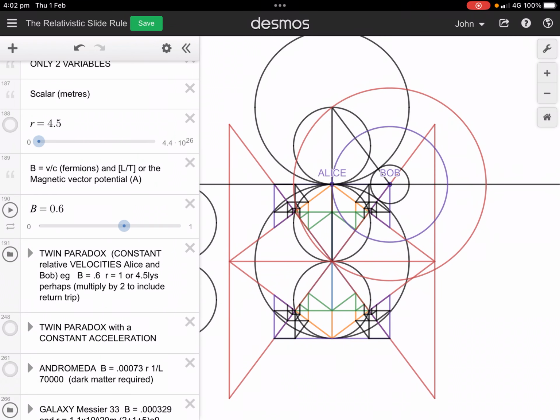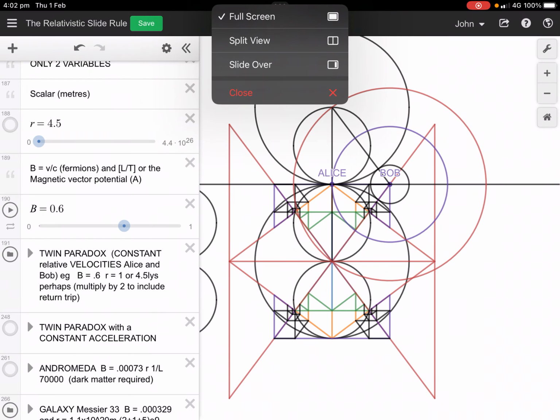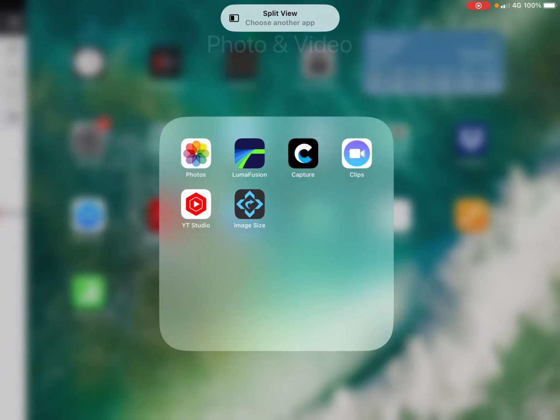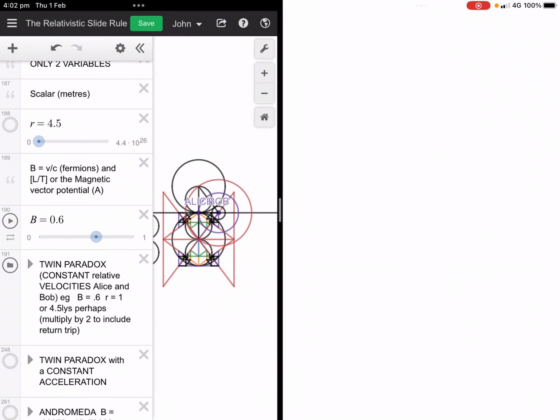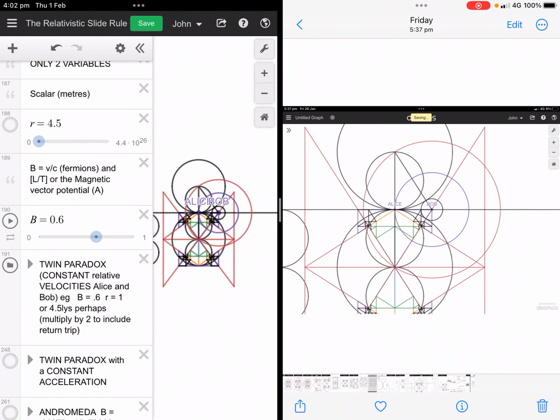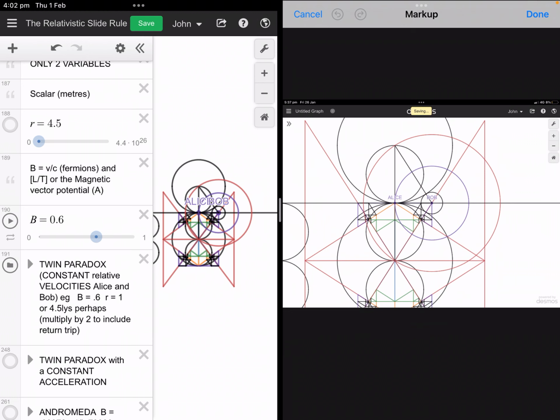So to do that, I'm going to have to draw on that split view. Where is it? Here. I'll just use, better get that one, and I want to edit it and get my pencil thing out.